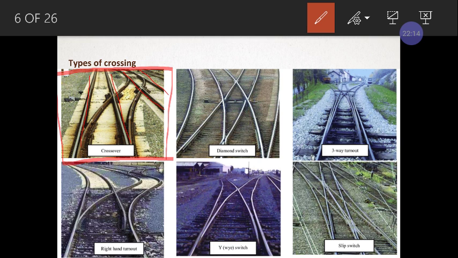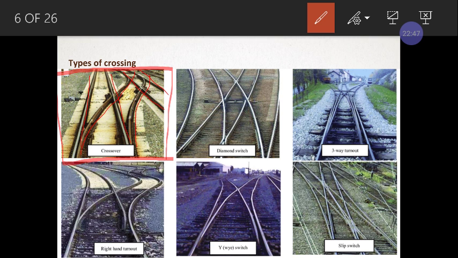When we want to deviate from one track to another track which is parallel, we will provide a crossing like this. This type of crossing is called a crossover. You are trying to cross over a track to go to another track.